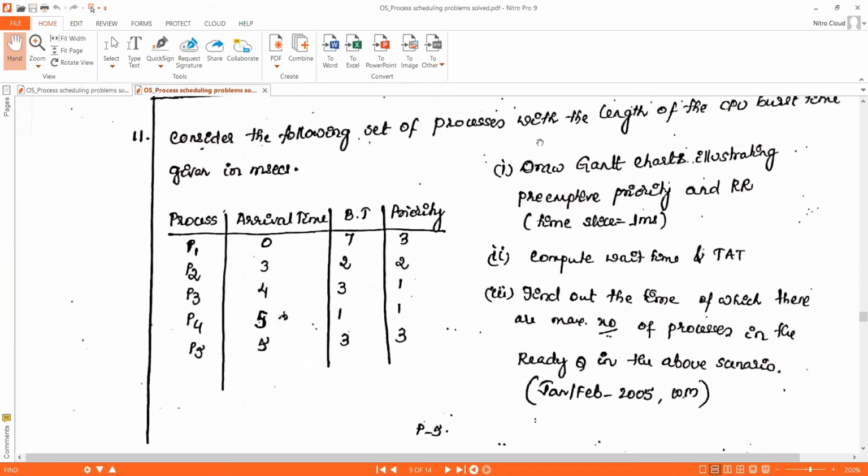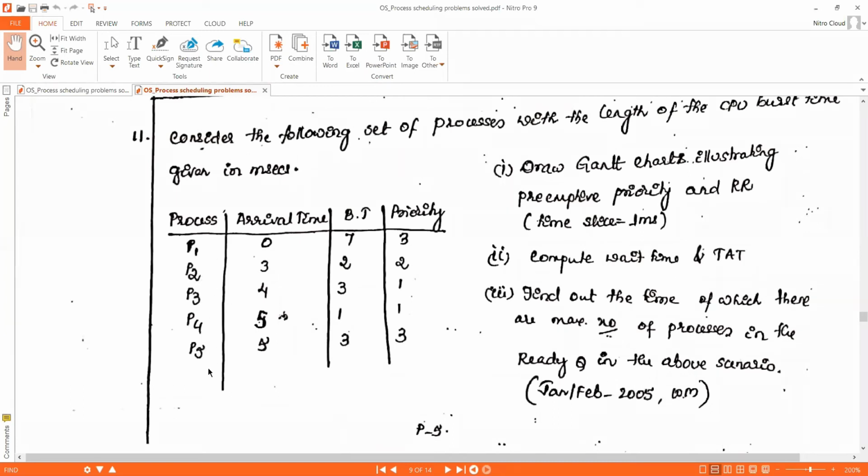Consider the following set of processes with the length of the CPU burst times given in milliseconds. Here 5 processes are given: process 1, process 2, process 3, process 4 and process 5.